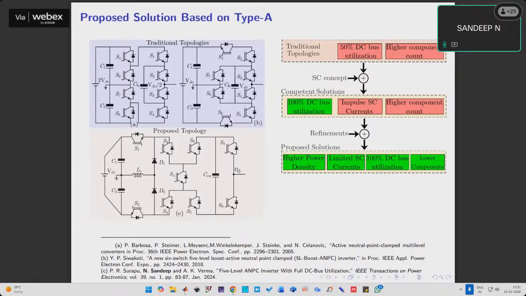Now, what is the problem with both of these topologies? It is that with the switched capacitor, there will be a surge current. So in order to limit that surge current, this is the modification that we did. We added a small inductor LR that comes into the picture only during the charging of the switched capacitor.